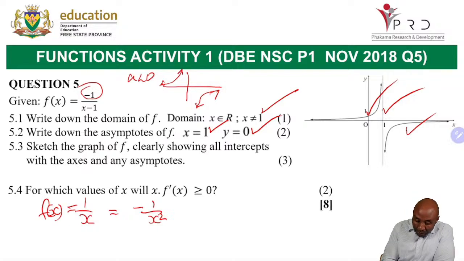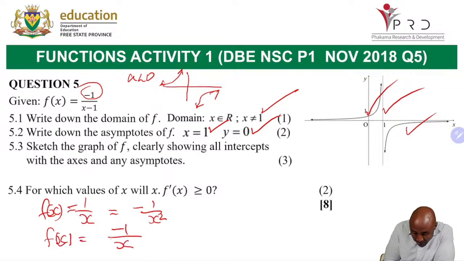If you check now, this is our f of x in this case, it's negative 1 over x, which means this becomes positive. So how do you get a positive? It's when you are multiplying, our x has to be positive and this has to be positive for us to get a positive.